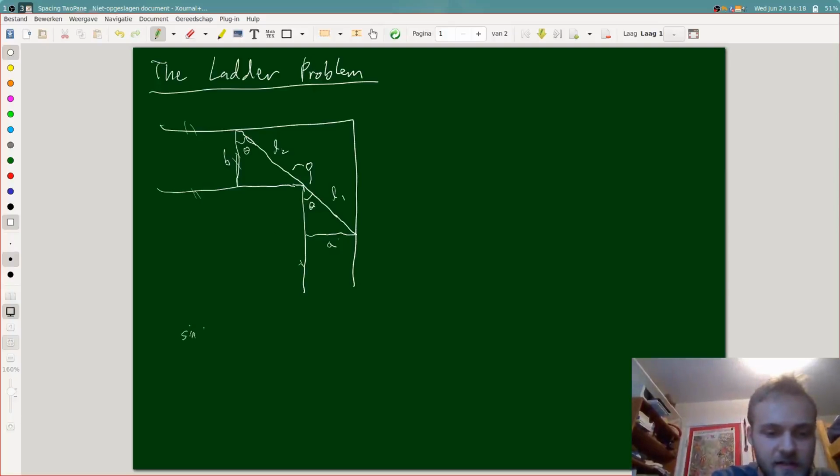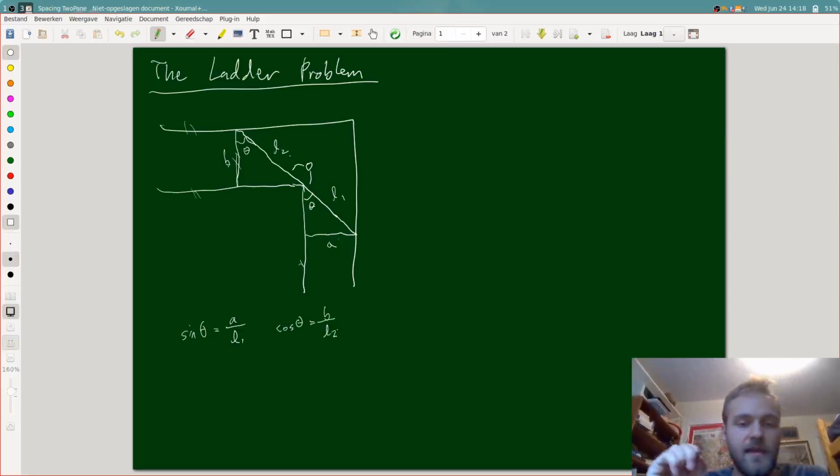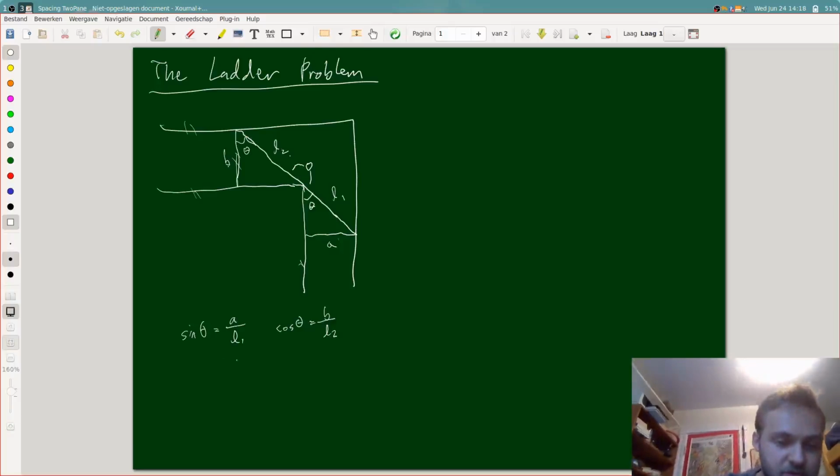So sine theta equals A over L1. On this side, we have adjacent over hypotenuse, and that's cosine. So cosine theta equals B over L2. And now we can solve for L1 and L2.